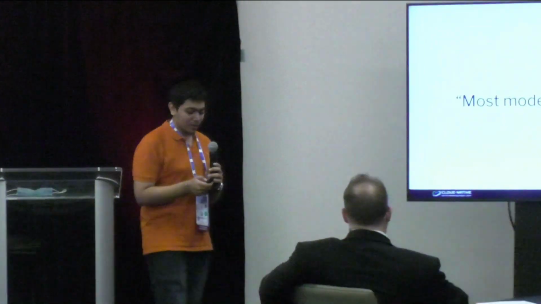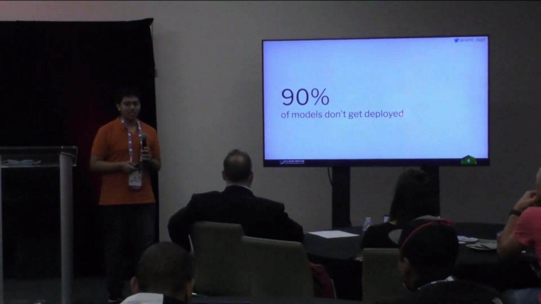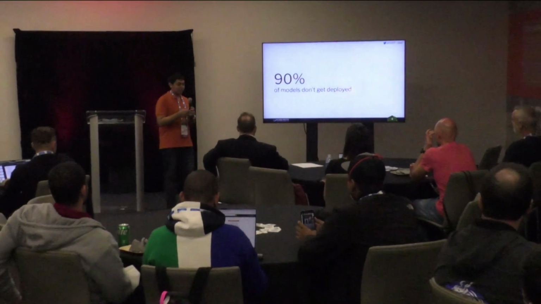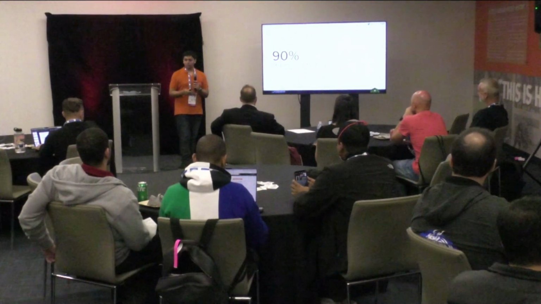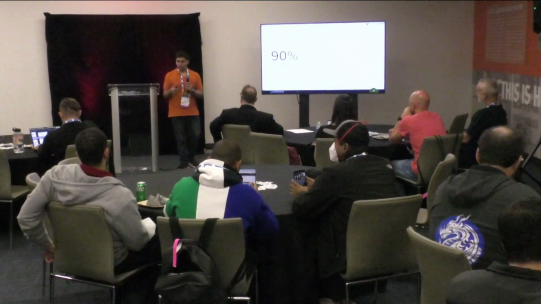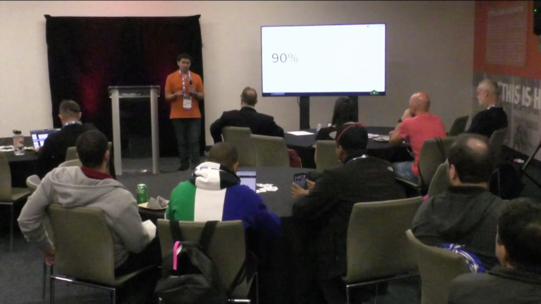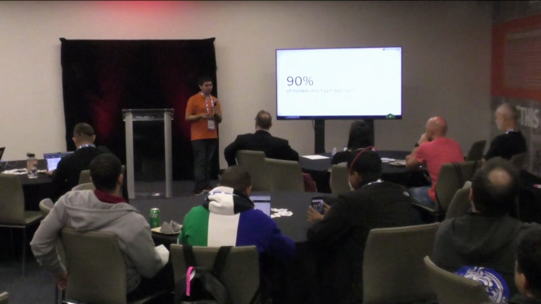So I want to start out with the motivation for this talk by saying that most machine learning models don't get deployed, which is kind of the hard truth. And if you put numbers into the picture, 90% of machine learning models don't get deployed, which is a big number. A lot of it is just due to the iterative nature of machine learning.